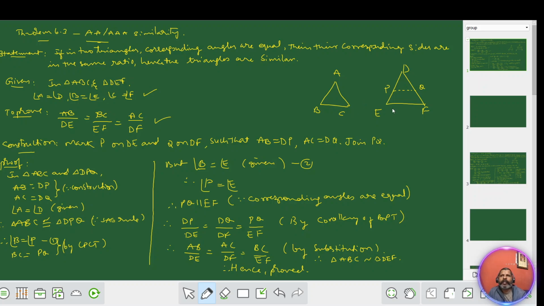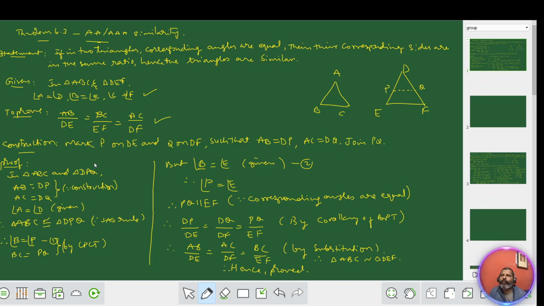We need a construction: mark P and Q on DE and DF, and join PQ. Here we use the congruent triangle concept, because all congruent triangles, or in general all congruent figures, are similar triangles, similar figures only.